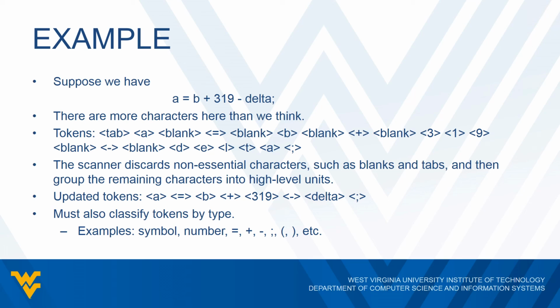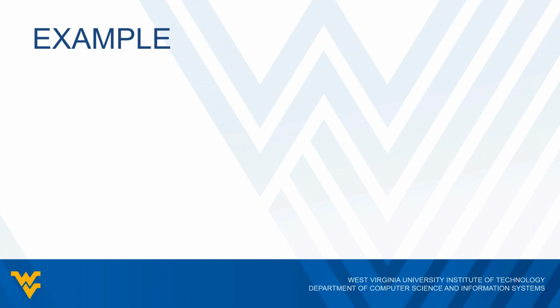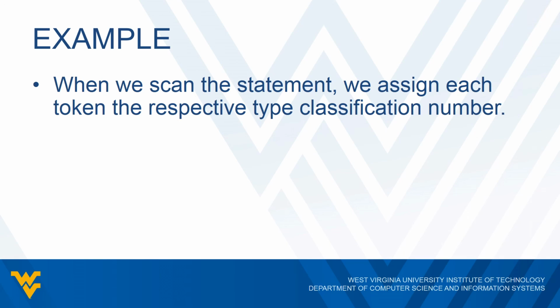The whole point is that each token is going to have a unique classification number. So when we scan the statement, we can assign each token the respective type classification number. For example, we could assign the number 1 to all legal symbols, such as A, B, and delta.